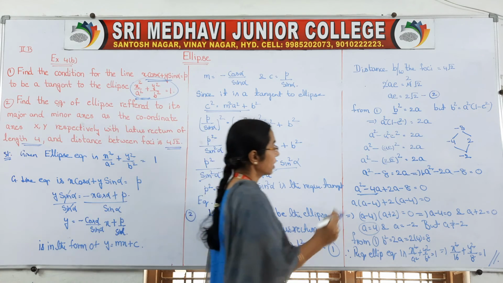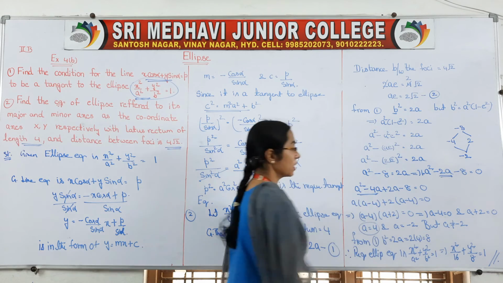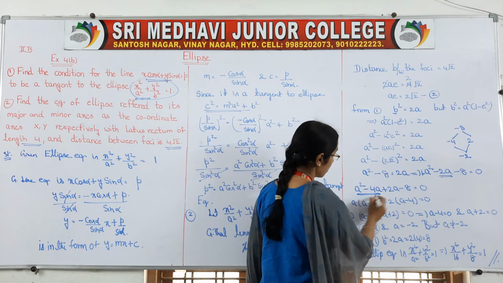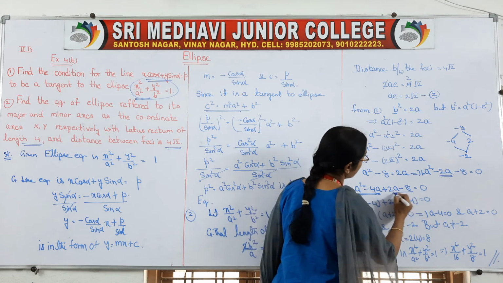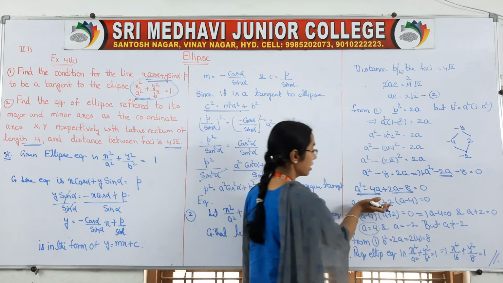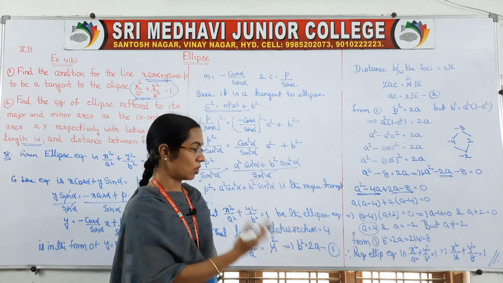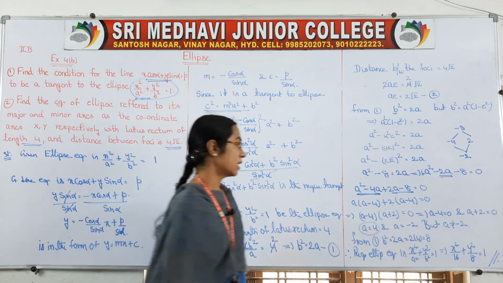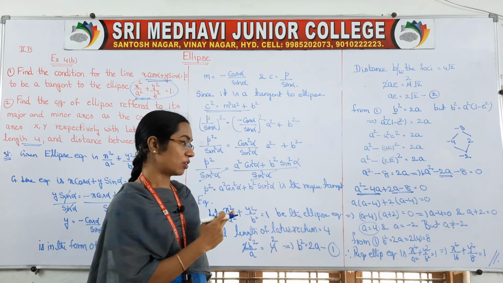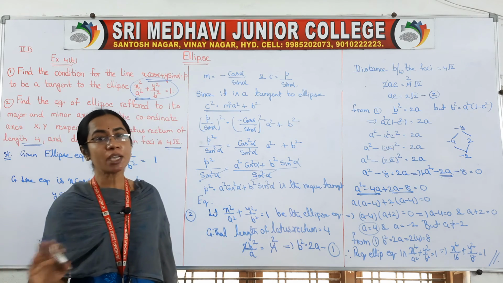So, instead of this minus 2a, we will write minus 4a plus 2a to get the factors. From these two you take a out common, and from these two you take 2 common. Here a minus 4 is there, and here also a minus 4, so you take a minus 4 outside, then it will be a plus 2. We will get two a values, one is 4, another is minus 2, but a cannot be minus 2.